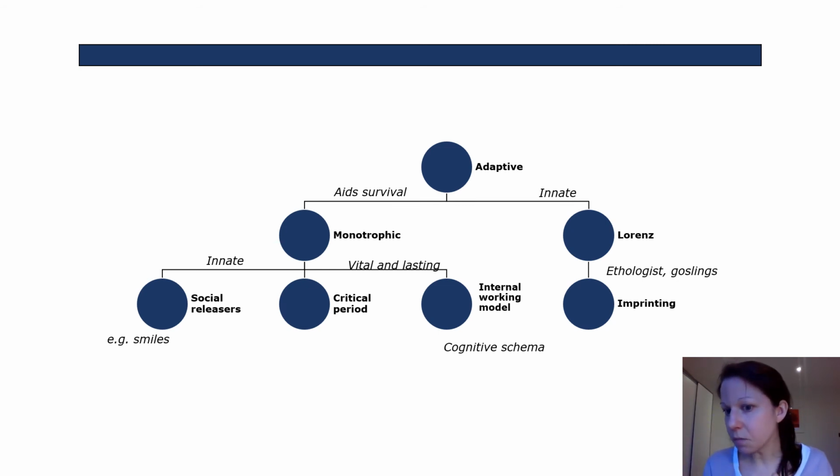You're forming a schema of what a mother is. You're forming a schema of what feeling loved is. And you'll keep coming back to that schema every time you are faced with a new relationship, friendship, attachment situation.